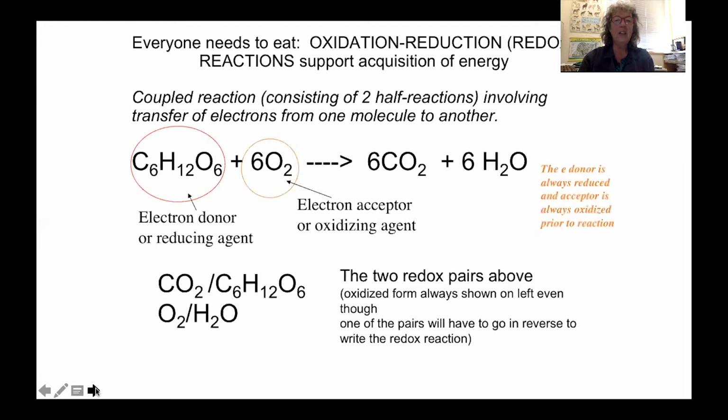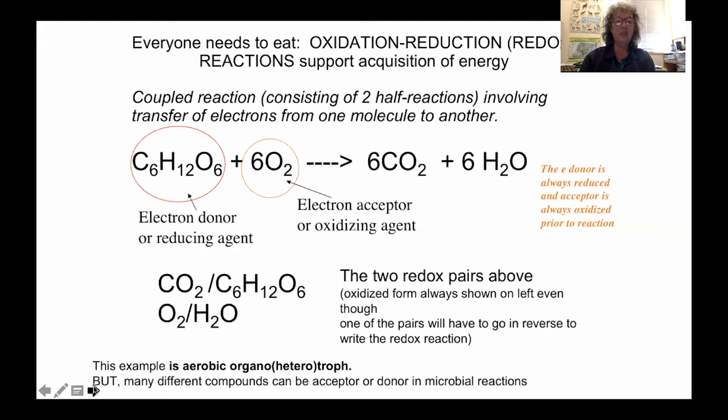Now, there's the two redox pairs. So we have the donor and what it turns into, and the acceptor and what it turns into. So this is an example of a particular kind of lifestyle. This is aerobic organoheterotroph. And we're going to look a tiny bit at the definitions just to set up this underpinning of this huge diversity that we find in microorganisms.